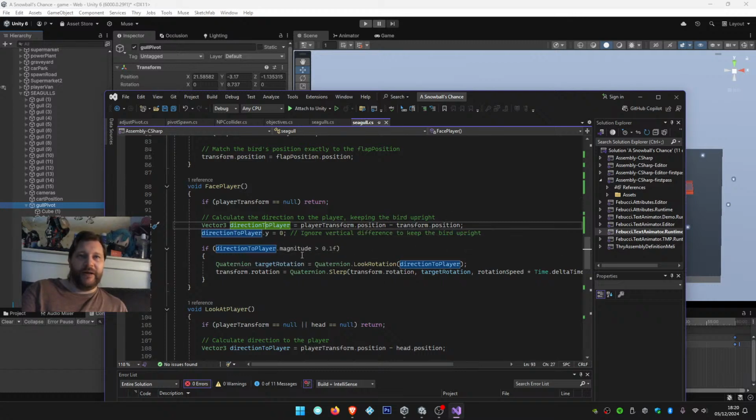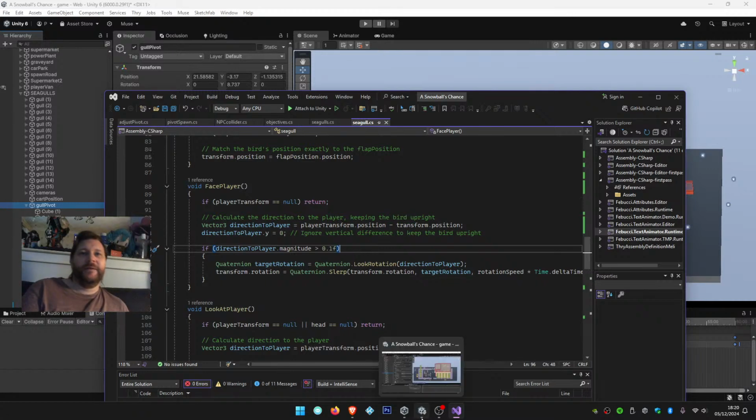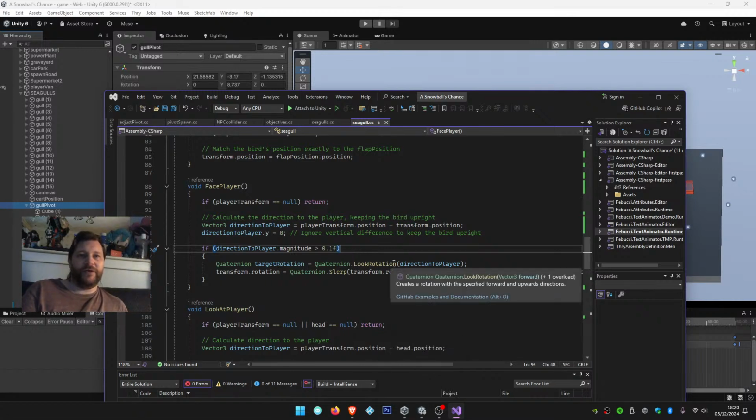Direction of player Y is 0 so that we rule out the height, so we don't rotate it this way or this way. And then target rotation equals Quaternion.LookRotation direction to player. Transform rotation, Slerp, rotation, rotation.